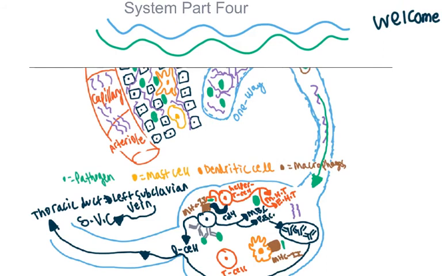Once it gets dumped into circulation, the free-floating antibodies come back on the arterial side, and enter the area of havoc, wherever the pathogen is. They enter through the endothelial cells and into the area.